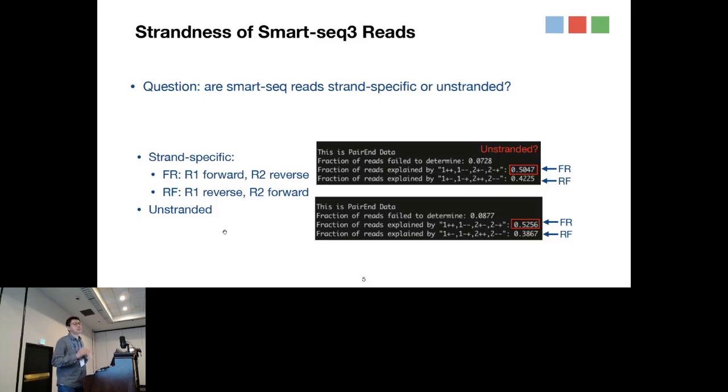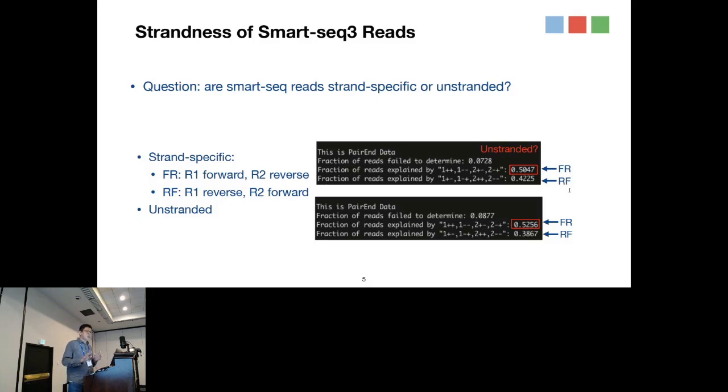Strandedness can be easily tested by sampling a bunch of reads from the data, and we did that. This shows statistics for one read, and you can see the FR rate is 50% and the RF rate is 42%. So it seems it's unstranded, because if it were strand-specific, for example FR, then we would expect the FR rate to be like 98%. But here it is about 50-50. So it seems that the data is unstranded.